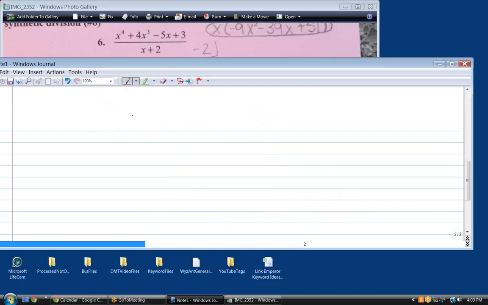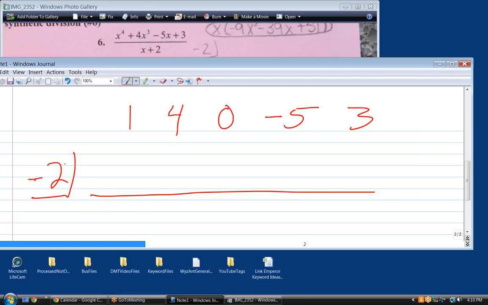I'll tell you what. There's a tricky part to this though. What goes across the top? 1, 4, 0, -5, and 3. Minus 2 goes in the box.